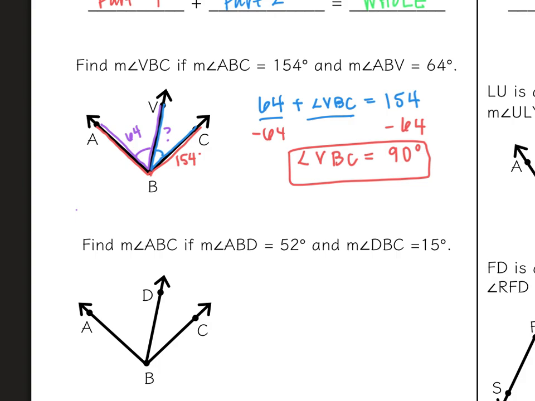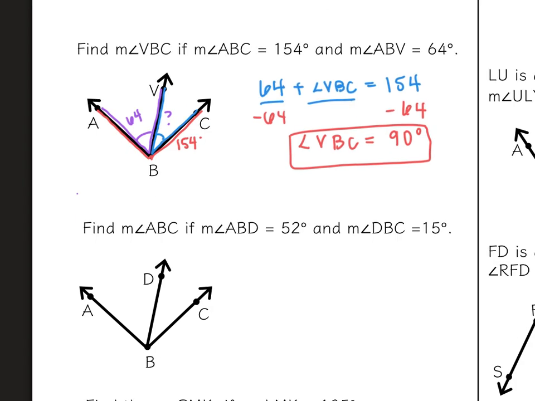Okay, let's look at another problem. In this one, we want to find ABC. So ABC right here, this is our whole. This is what we're trying to find. ABD is 52 degrees, and then DBC is 15.